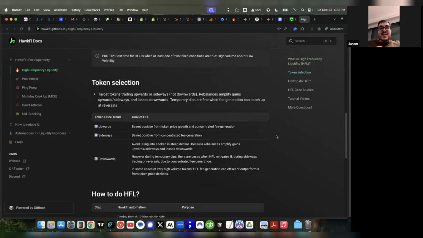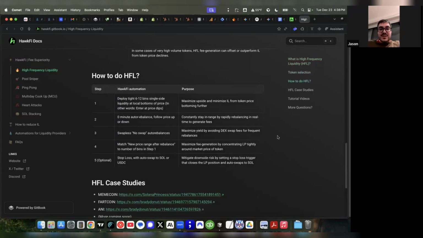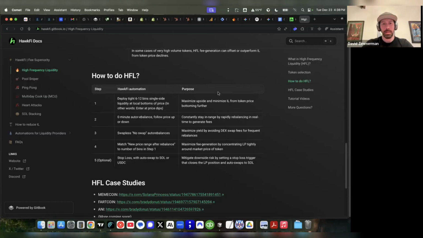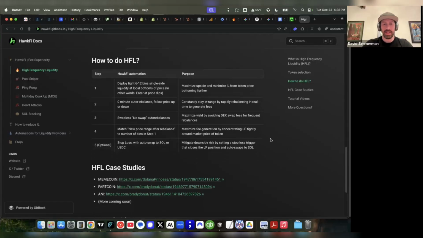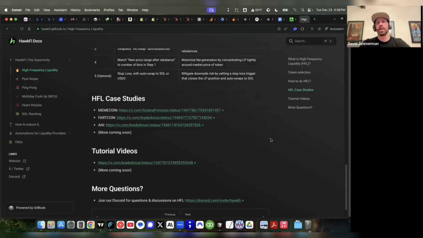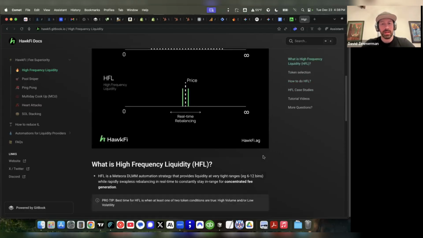Then seeing deep in the docs that it's like 5 to 8%, you really have to be beating that on top of your calculation of the break even for it to be worth it.